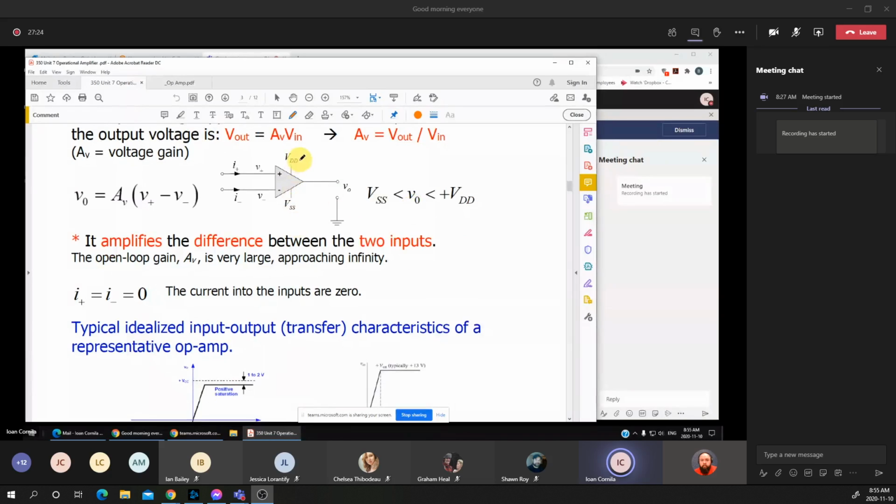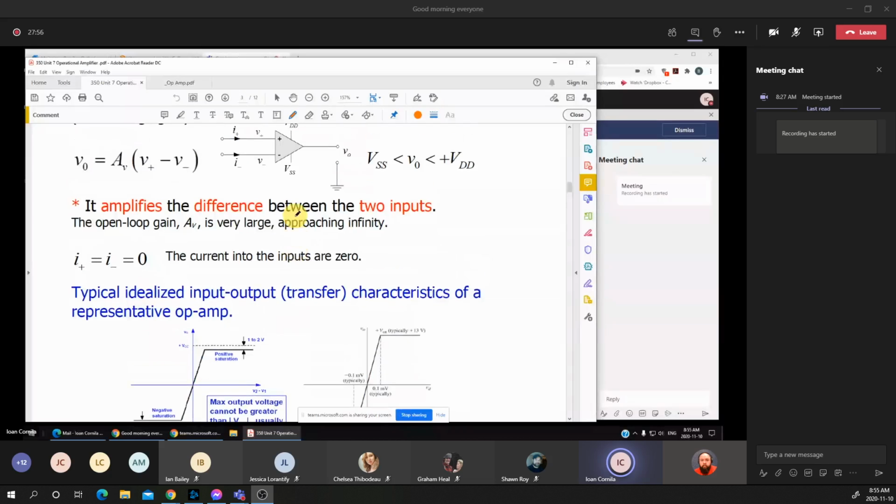For the two supplied voltages, I mentioned that we may use VCC or VEE. That's from BJT notation. From MOSFET notation, we may see the other two notations, VDD as the positive voltage and VSS as the negative voltage. The output voltage, V0, will swing between the maximum positive and the minimum negative.